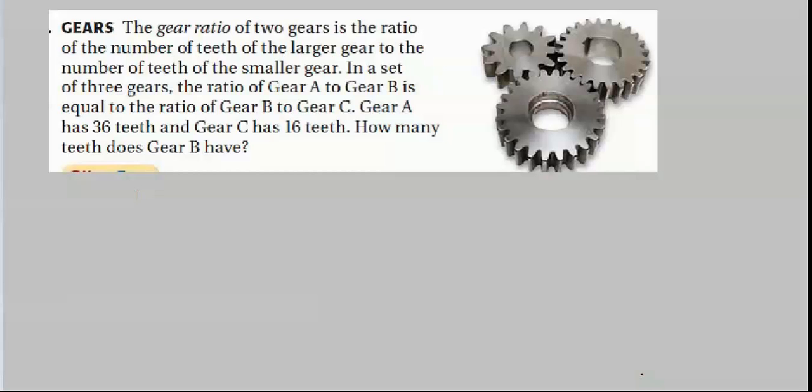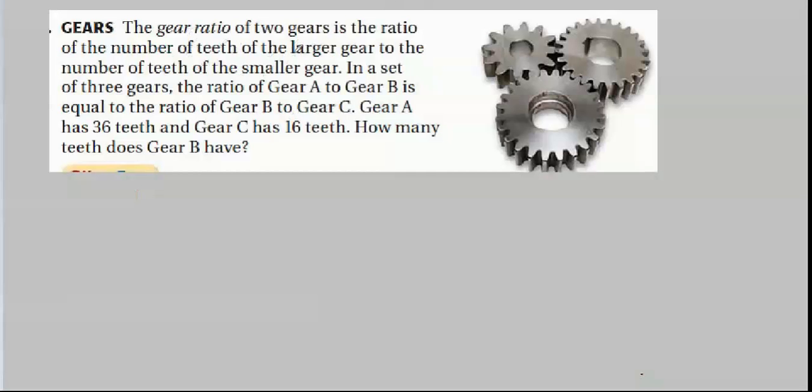Well, here's one if you like gears. Even if you don't like gears, we've got one. This involves gear ratios. And they pretty much explain what a gear ratio is.